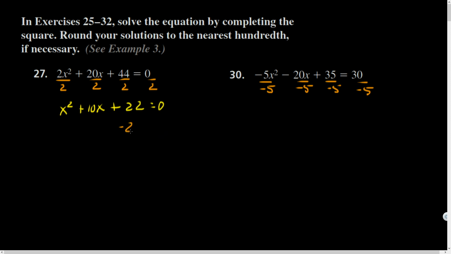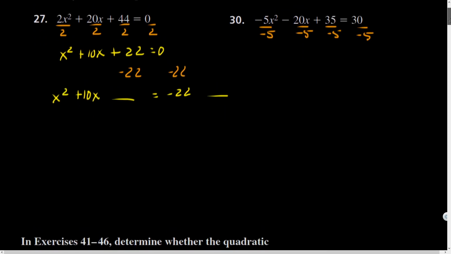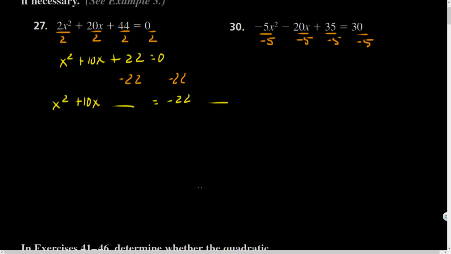Let's bring the old c term to the other side, and I'm going to leave a space for my new c term, and we'll calculate that new c term. Let's see, did I give myself room? A little bit. All right, so I'm going to calculate this new c term right here.